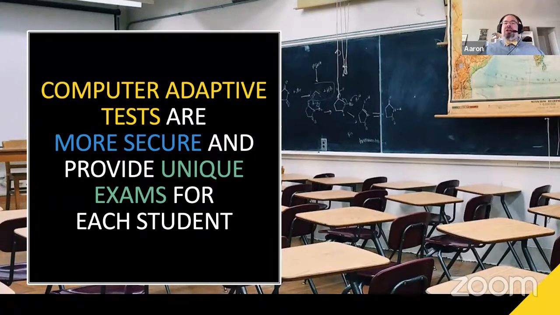Also, it being a unique exam means that every student gets an exam that is adjusted for that student, which also cuts down on the possibility of cheating, which is huge for the College Board, obviously, because they've been criticized for the lack of security on the test.